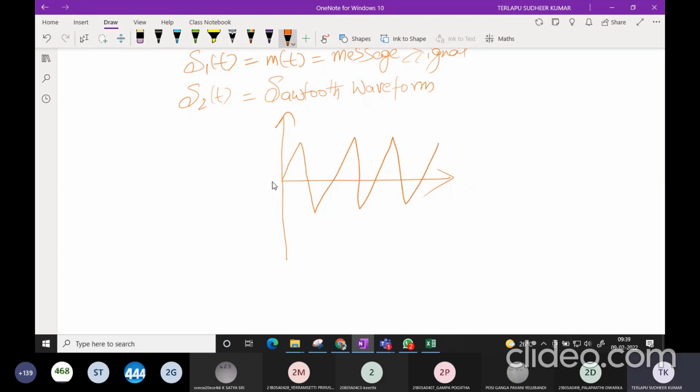Let it be, what I can say, 0 or -1. This would be more convenient. So this is 0 and 1. Amplitude is 1, let us suppose. This is my S2 of t.